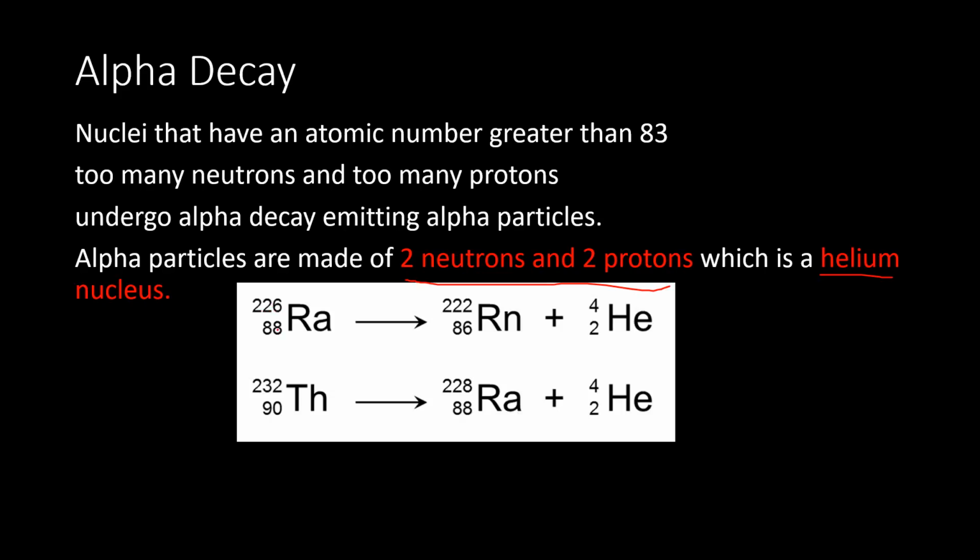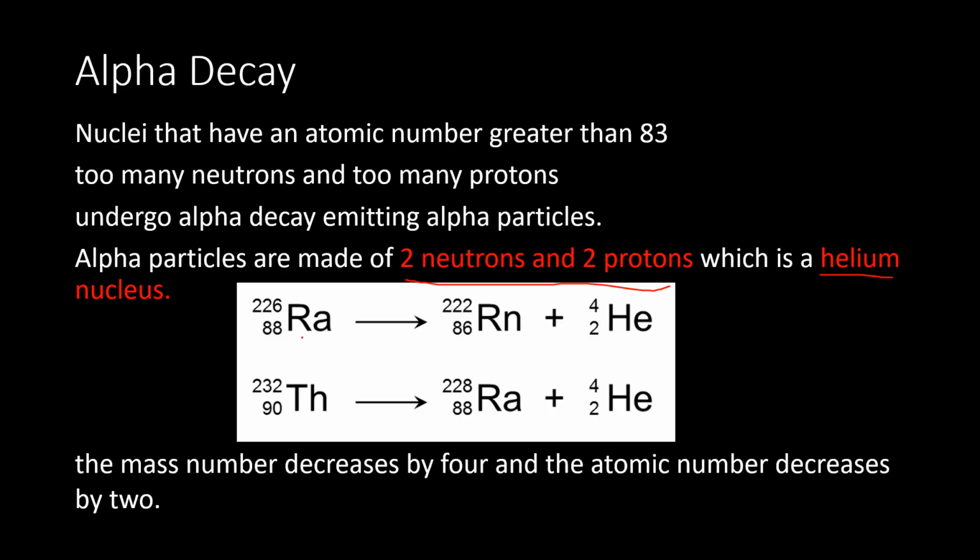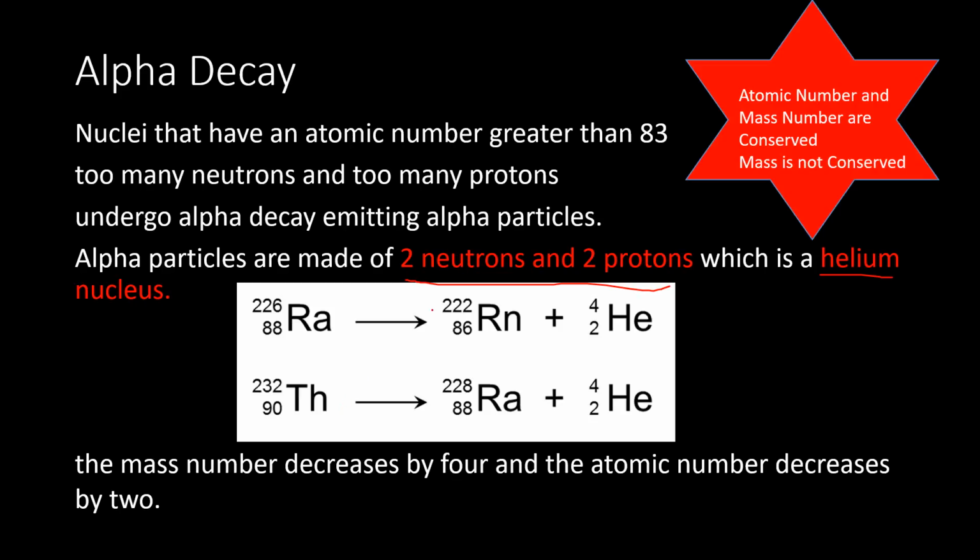Now, here, this radium emitted 2 protons and 2 neutrons. So, its atomic number decreases by 2 and its atomic mass decreases by 4. In alpha decay and all types of nuclear reactions, atomic number and atomic mass are conserved.